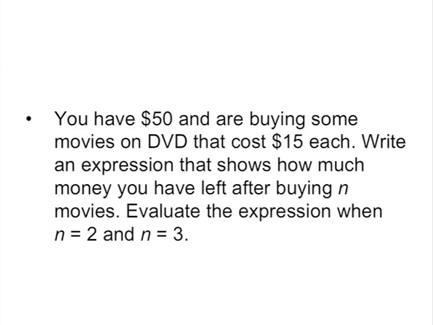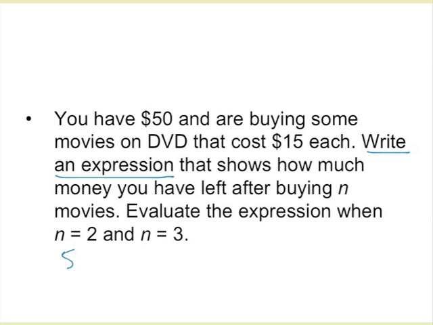So the first sentence, you have $50 and are buying some movies on DVD that cost $15 each. There weren't any commands there, that's just some factual information. The next one, write an expression. That's a command. They're telling us something to do there that shows how much money we have left after buying n movies. So if I have $50 and I'm buying stuff, what kind of an operation would that be?